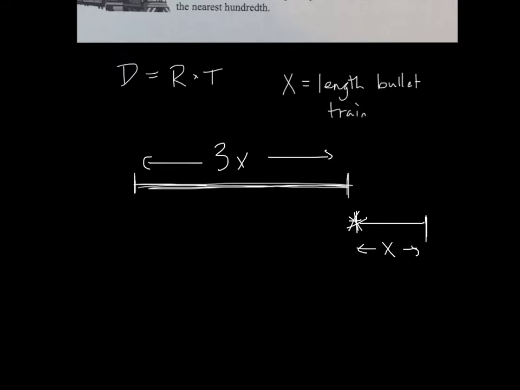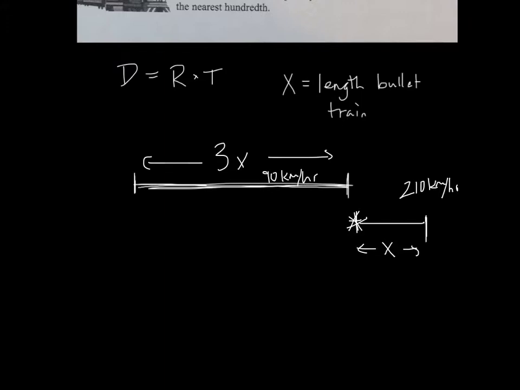And the bullet train is going to be going, instead of 210 kilometers per hour, we're going to act as if the freight train, which is going 90 kilometers per hour, is totally standing still.